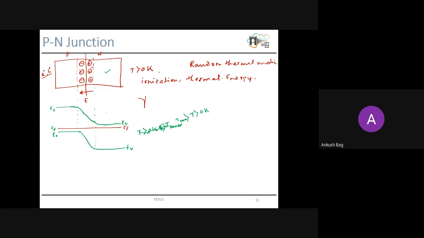And now the question is, we have discussed that due to the thermal energy, these electrons from here will cross this interface, meet these holes, and then there will be this depletion region. Now, how long will this process continue? Let's say here also we have some electron.